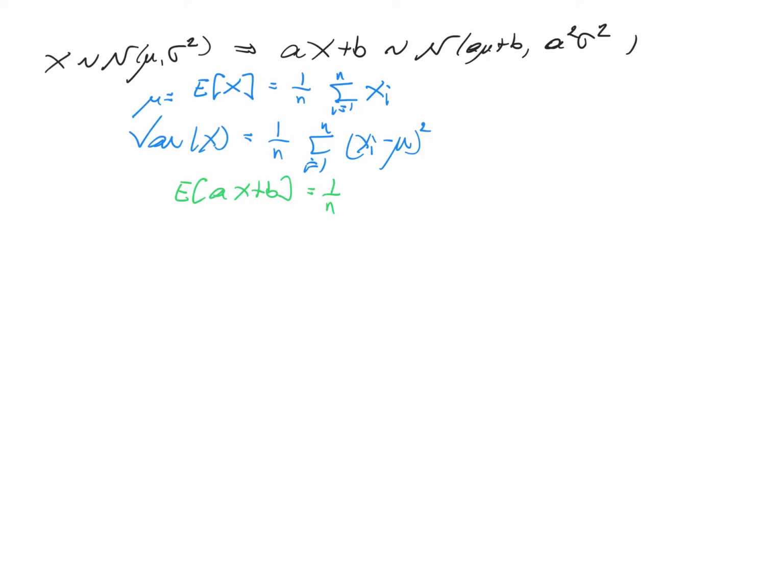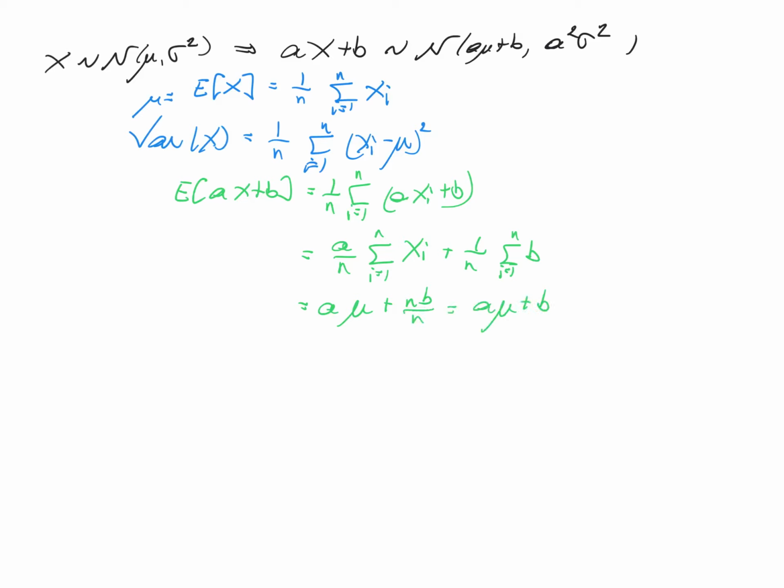So it gets 1 divided over n times the sum of a xi plus b. Then you just apply basic rules for a summation. So you take out a, which gives you the first term, and you get the sum of all b's. So what you have in the second term is n times b actually, because you have n times the same value and then you divide that one by n. And so you end up with a times mu plus b.